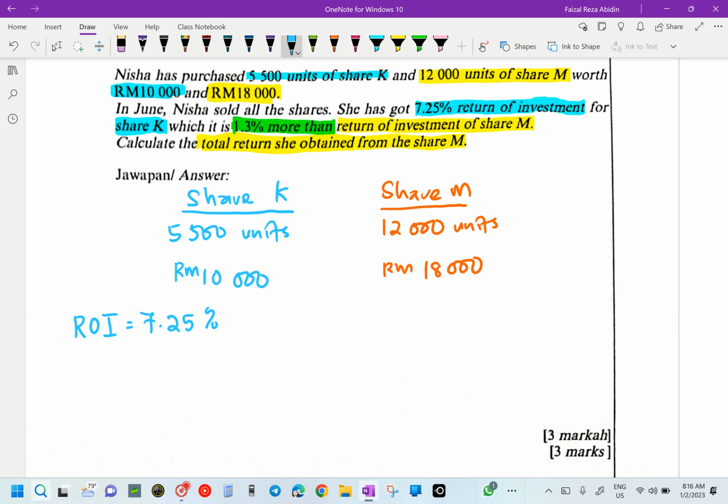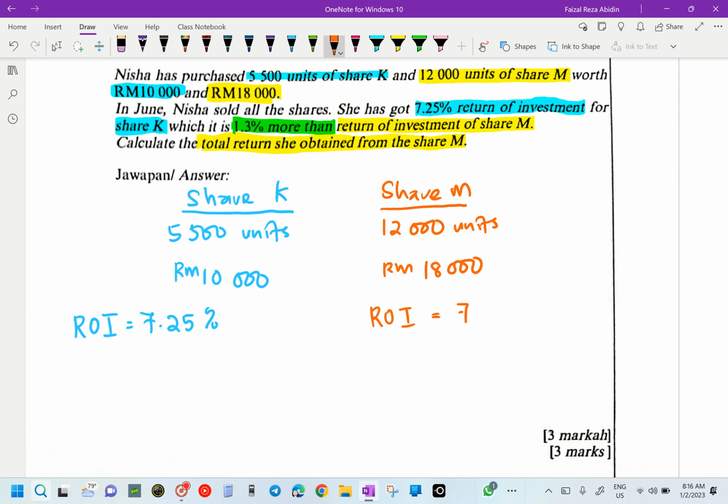Did the question give us the ROI for share M? No. But what we have is that share K is going to be 1.3% more. So can I find ROI for share M? How?